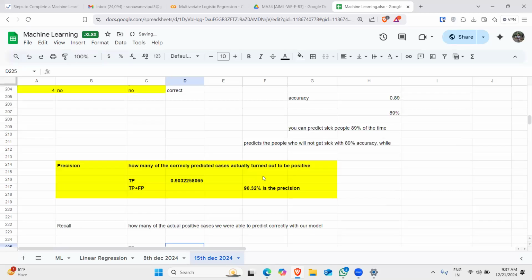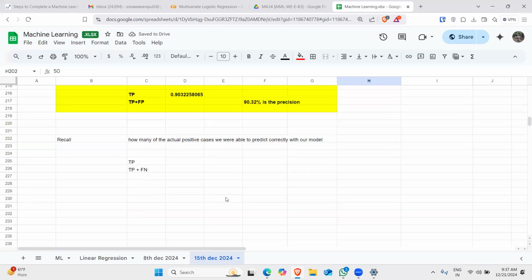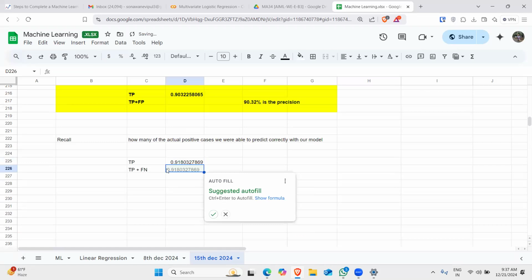So I'll write down this. It is 560 divided by 560 plus 50. So it is 91.8%.